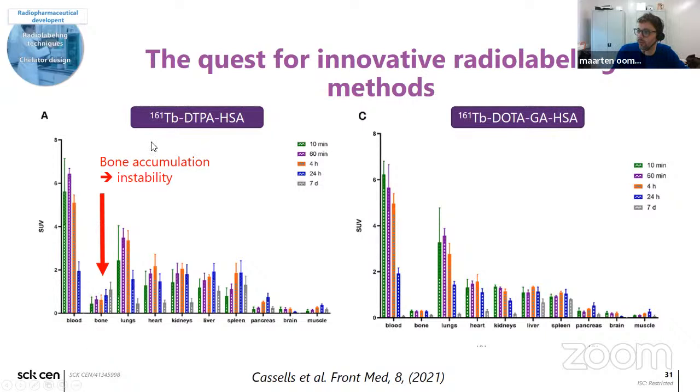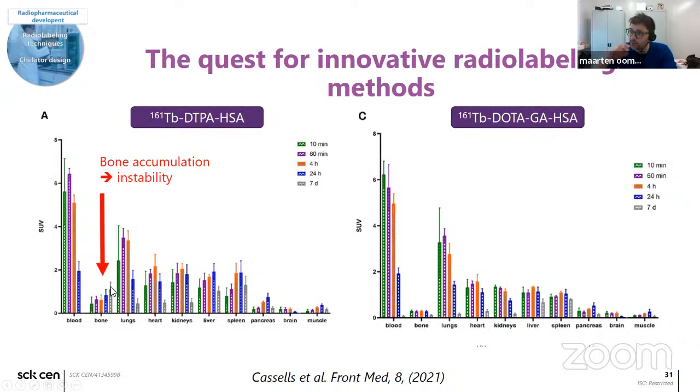We did this biodistribution where we injected mice, sacrificed the animals after certain time points, dissected all the organs out and counted all the activity in each organ. We can clearly see an increased accumulation in the bone with the DTPA, the compound which is not stable, while this is not the case for the DOTA-GA, for example, or the other chelators.